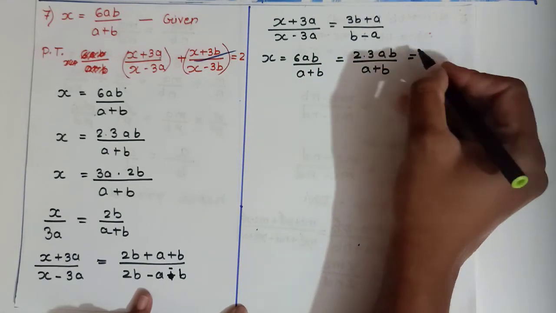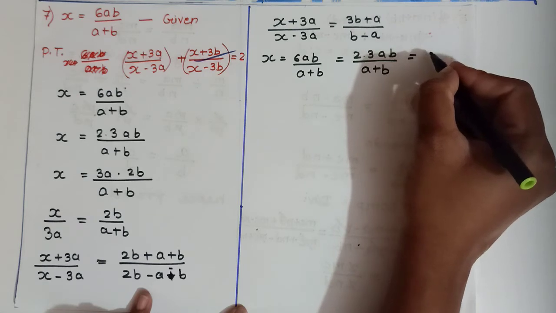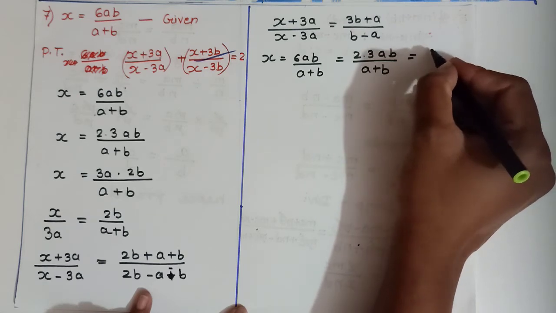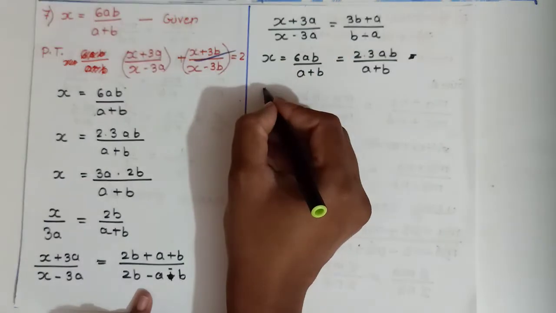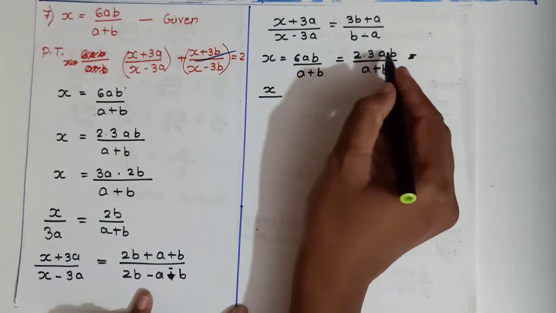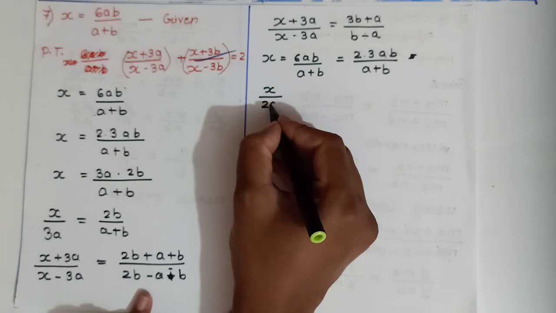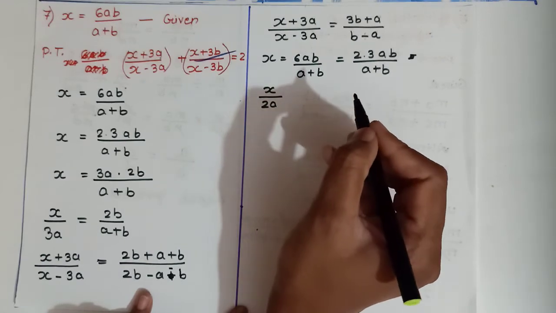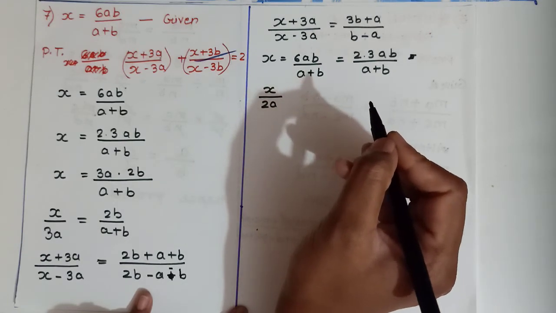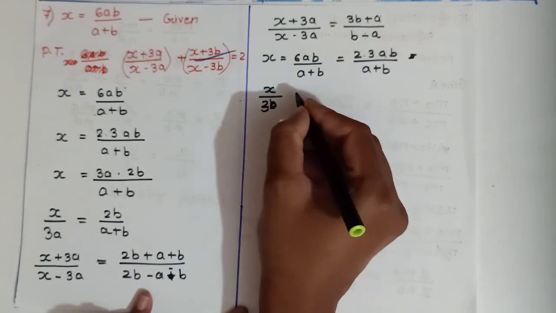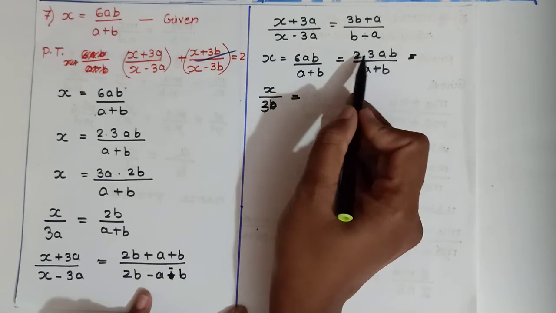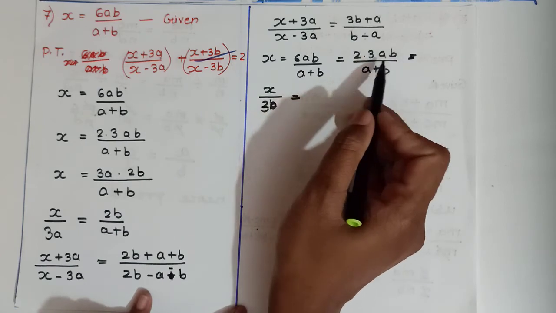Now what I want is 3b. So I will bring 3b into the denominator, and what will be left is 2a.